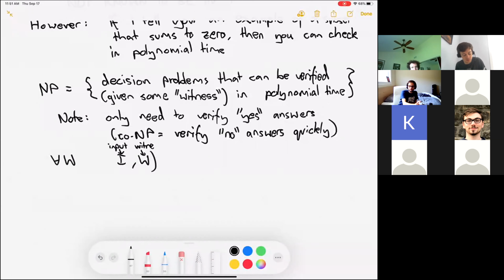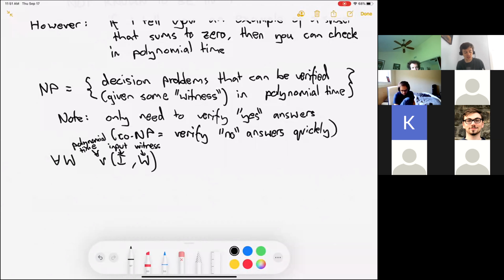Okay, so the input would be the list of integers in the set, and the witness would be some subset that is claimed to add up to 0. Okay, and then you want there to be some polynomial time algorithm verifier called V. So this has to be polynomial time.